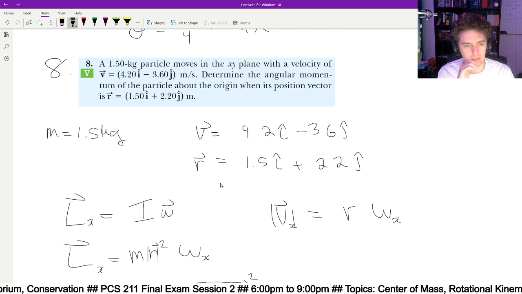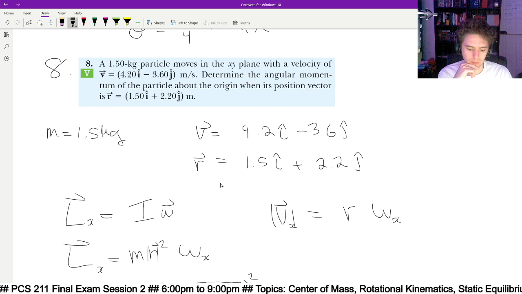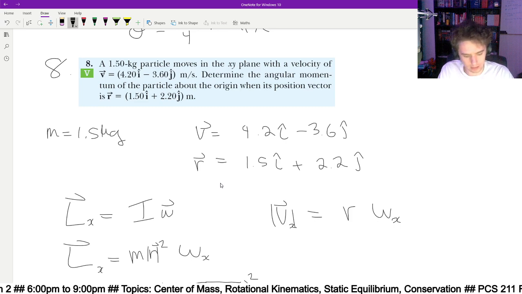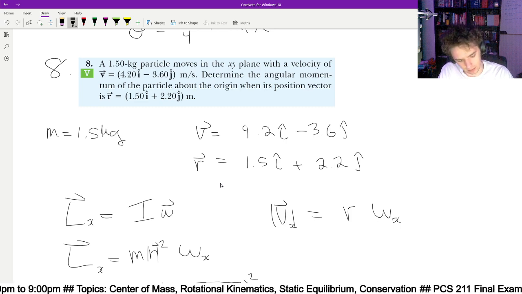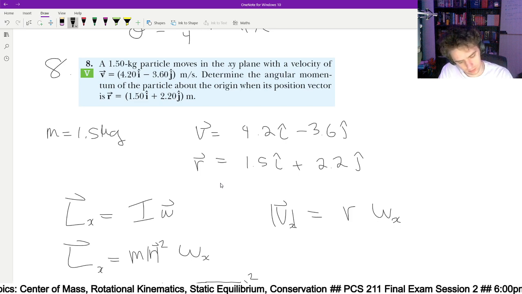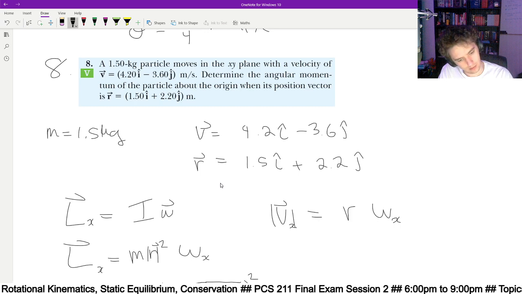Because mv would be the linear momentum, and the linear momentum cross product with r would give you angular momentum, right? Yeah. Well, let's see here. I want to see that in writing. Yeah, it looks like that should be right. I just want to know if it works, because that was the first thing that I thought of.